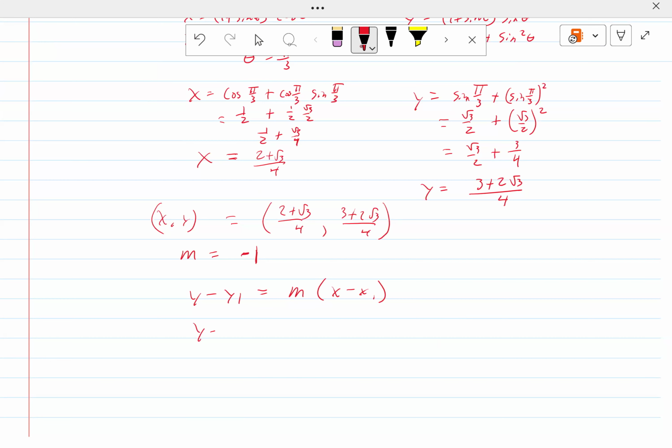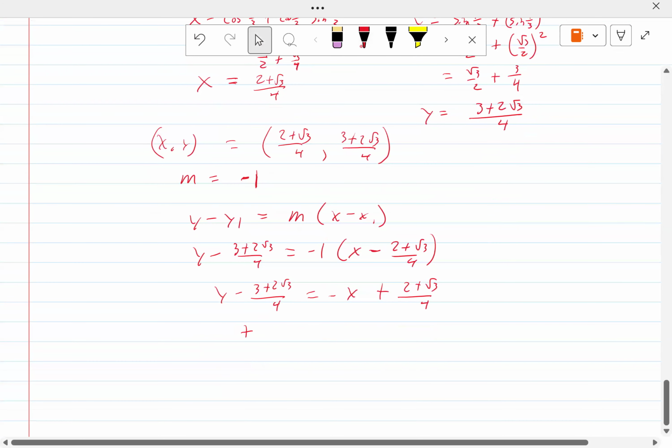So y minus (3 plus 2 radical 3 over 4) is equal to negative 1 times (x minus (2 plus radical 3 over 4)). Okay, so y minus (3 plus 2 radical 3 over 4) equals negative x plus (2 plus radical 3 over 4).